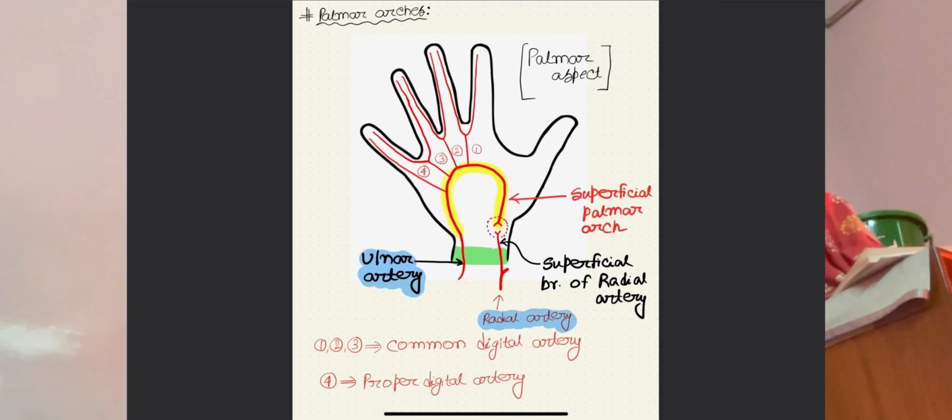The first common digital artery divides into an artery supplying the medial side of the index finger, and it is also supplying the lateral side of the middle finger. The second one is supplying the medial side of the middle finger and also the lateral side of the ring finger. The third one is supplying the medial side of the ring finger, and the fourth one is supplying the medial side of the little finger.